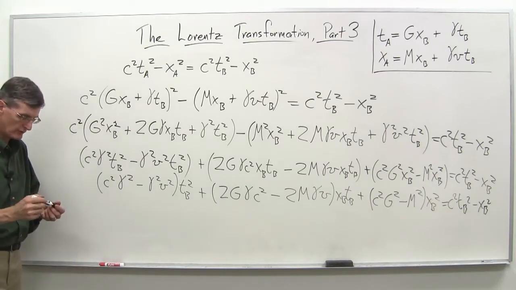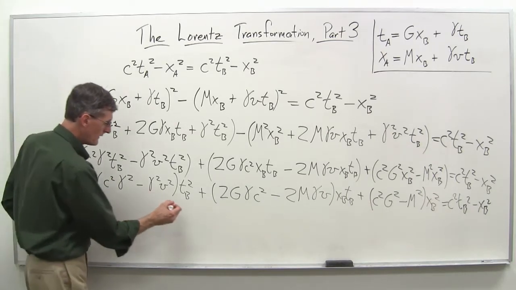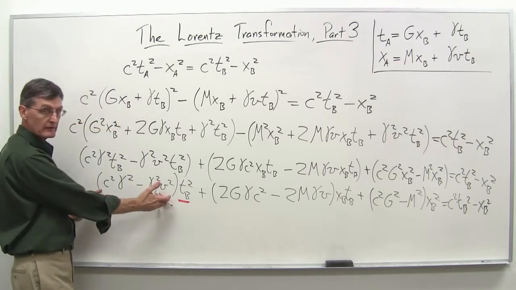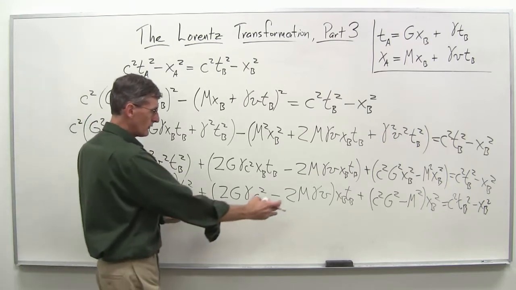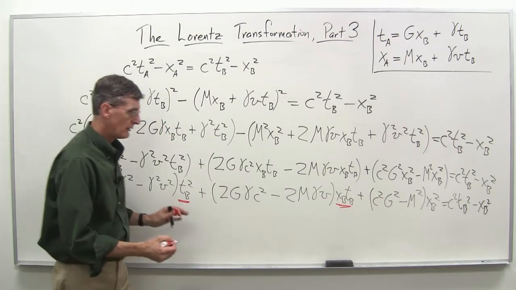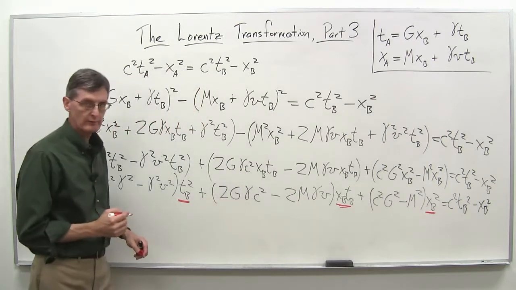Okay, now here's the nice part. On this side, note we have a tb squared term. We've got essentially something times tb squared. And then we've got something times xb tb. And then we've got plus something times an xb squared term here.